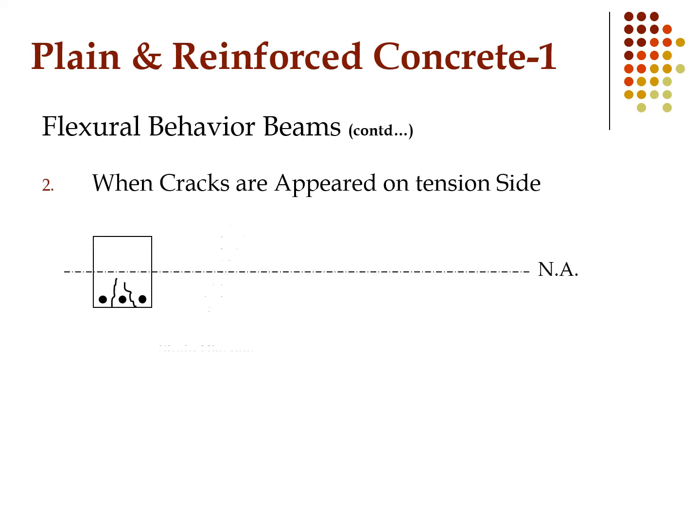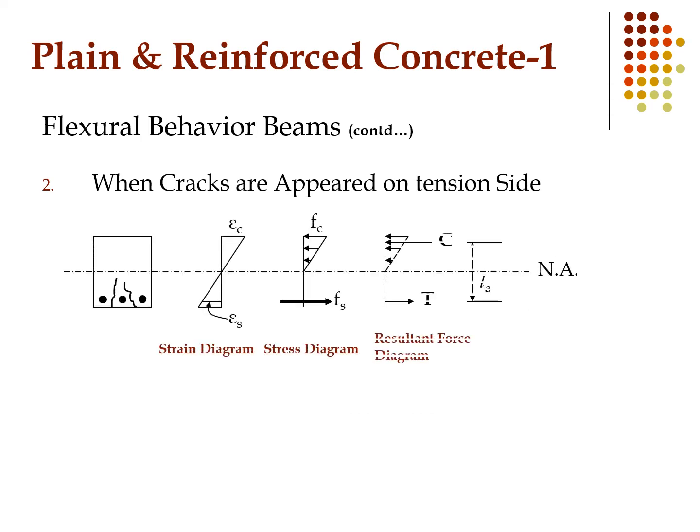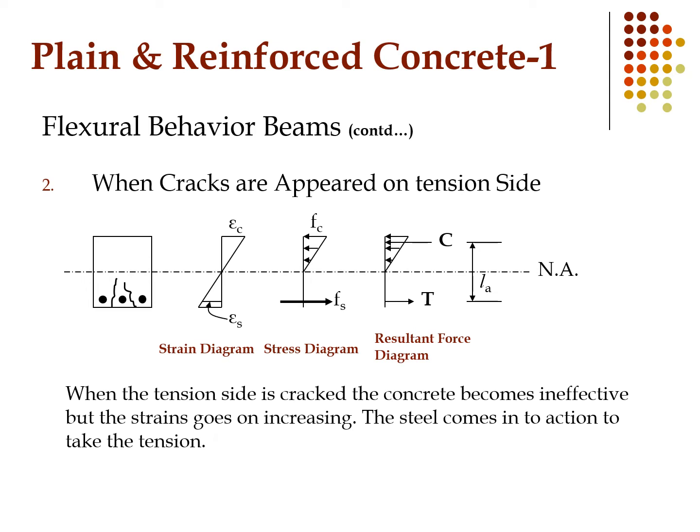Now the second case is when cracks appear on the tension side. When these cracks appear on the tension side, we need to assume that concrete below the neutral axis becomes ineffective and we can ignore it. So again we have the strain diagram.